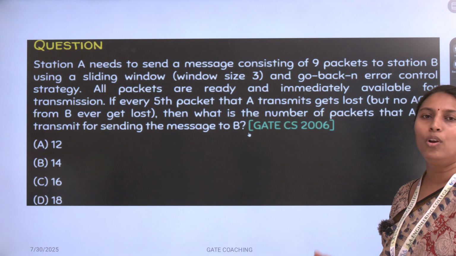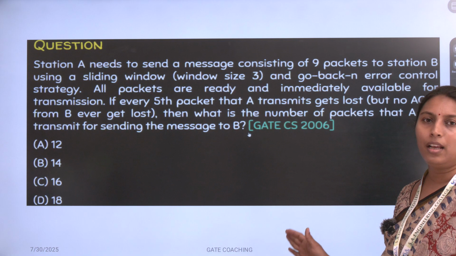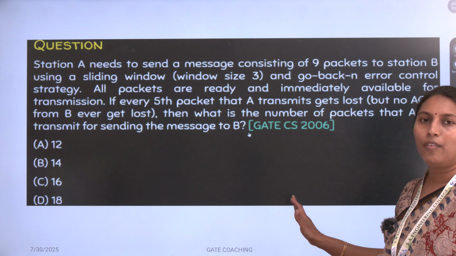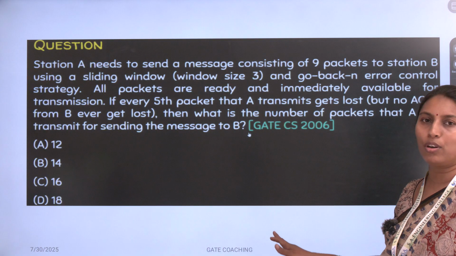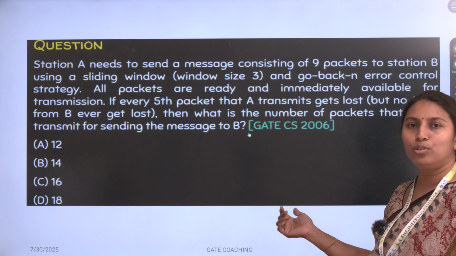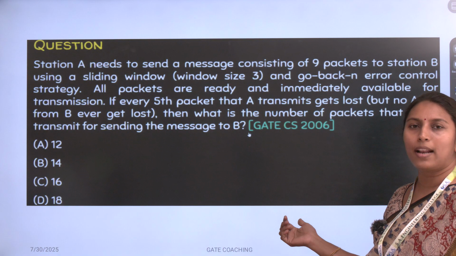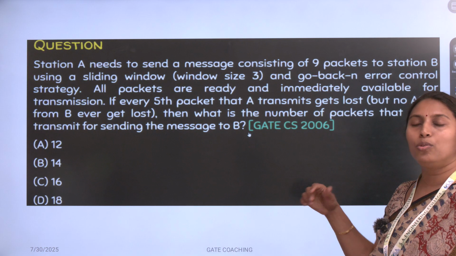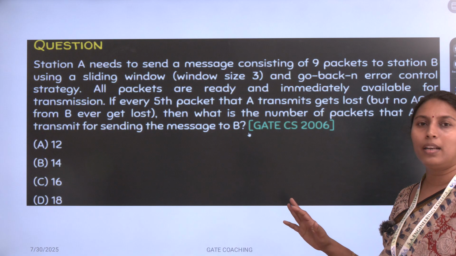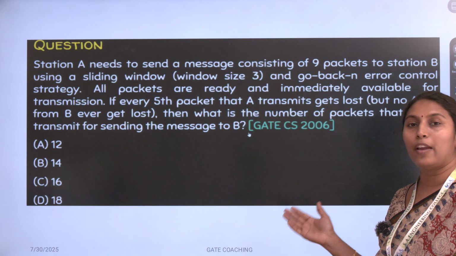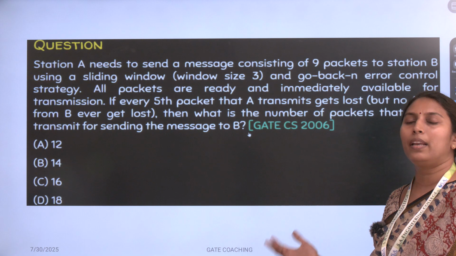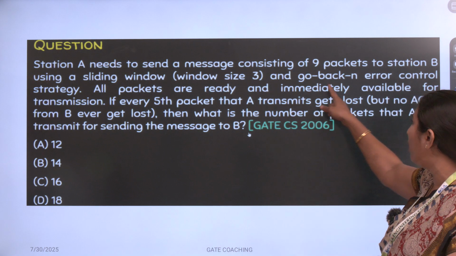So this is how we are going to calculate if we get such a question from our protocols in flow control. Okay, here we have used Go-Back-N ARQ to calculate how many packets have been transmitted to the receiver based upon the condition. What is the condition they have given? Every 5th packet is lost, and how it will be retransmitted is based upon the protocol of Go-Back-N.